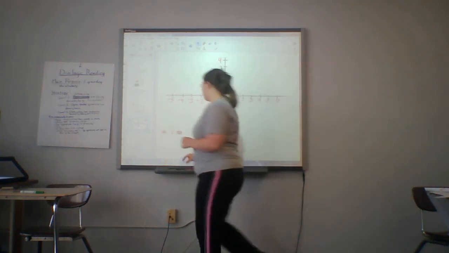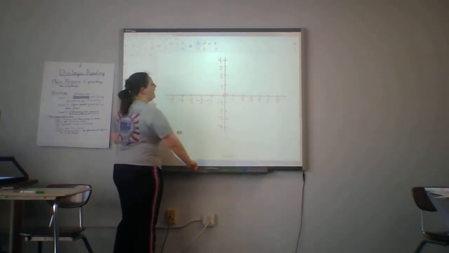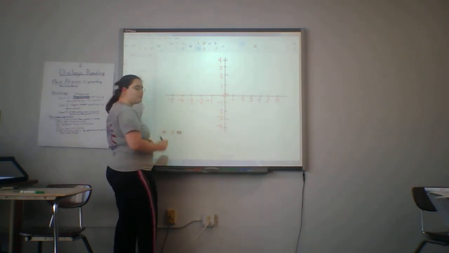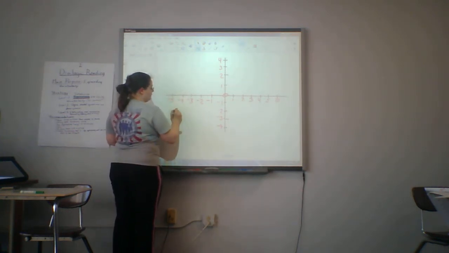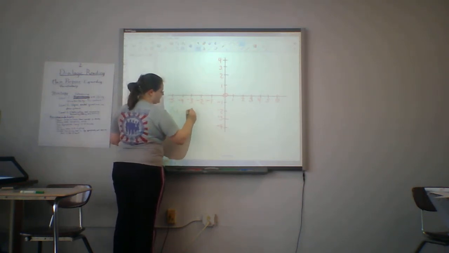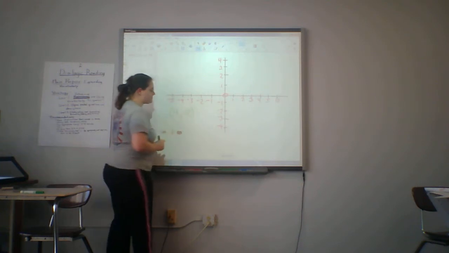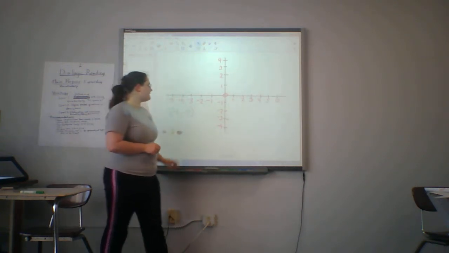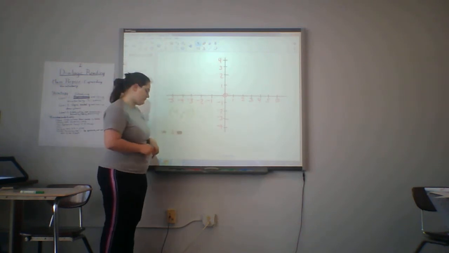Let's use our little hermit crab here, and we're going to try and figure out how we would move for the number +4, -2. Okay, this is our coordinate pair. All right, +4, -2.